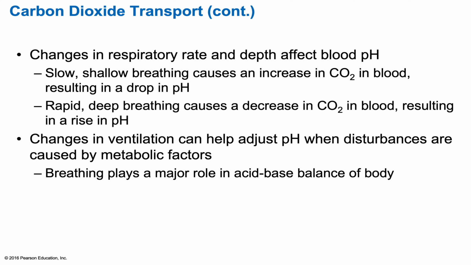Conversely, rapid, deep breathing quickly removes carbon dioxide from the blood, which reduces carbonic acid levels and increases blood pH. So, respiratory ventilation provides a fast-acting system to adjust blood pH when it's disturbed by metabolic factors. Aside from that, respiratory adjustments play a major role in maintaining the overall acid-base balance of your blood.